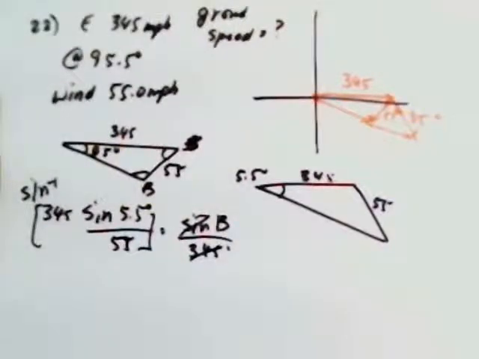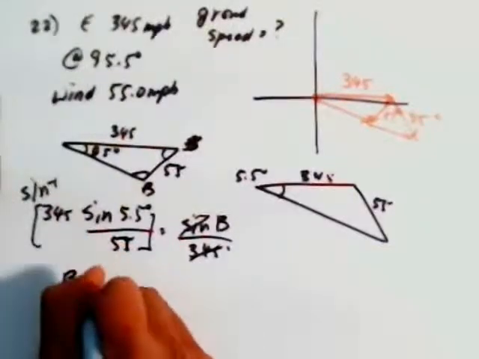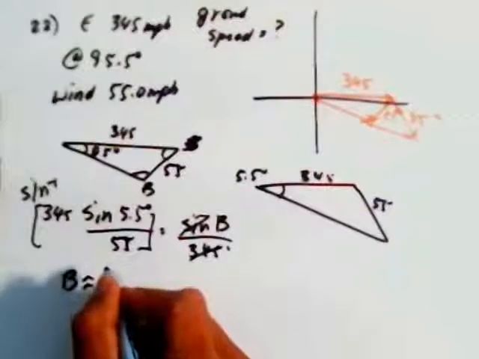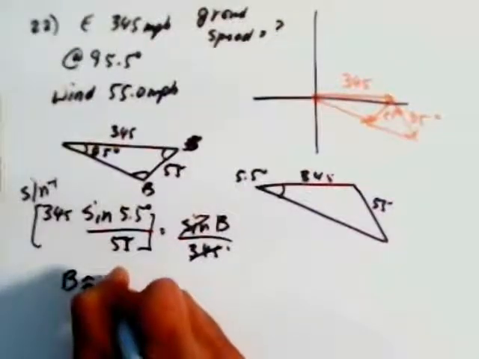Sine inverse of 345 times the sine of 5.5 degrees divided by 55. And that comes out to be approximately 36.95 degrees. So little b is approximately 37 degrees.